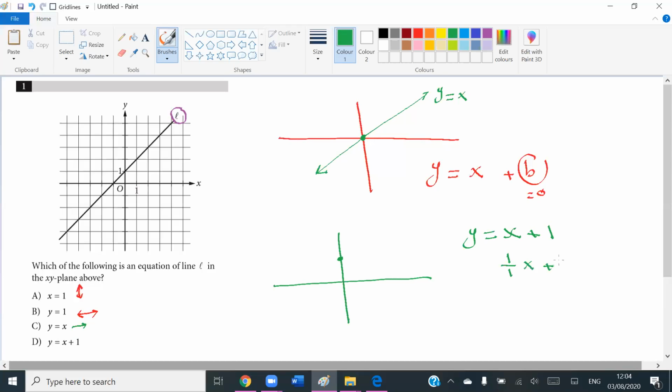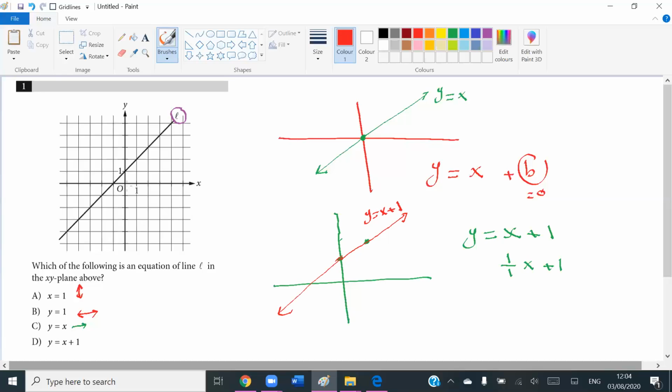The rise and the run are 1. So I move 1 up and 1 to the right, and I take another point. If we connect these 2 points together, look at the red line now. This is the equation y equals x plus 1.